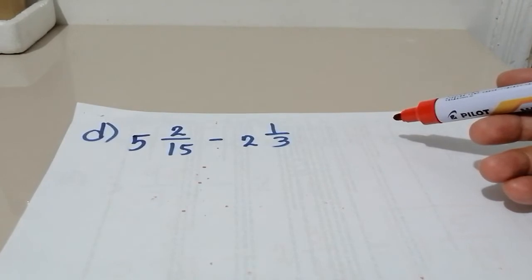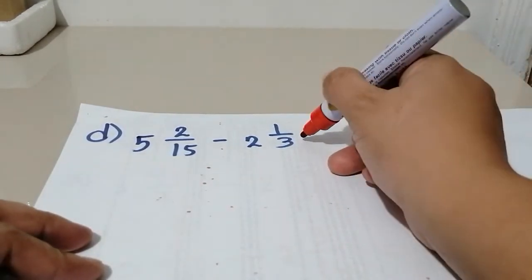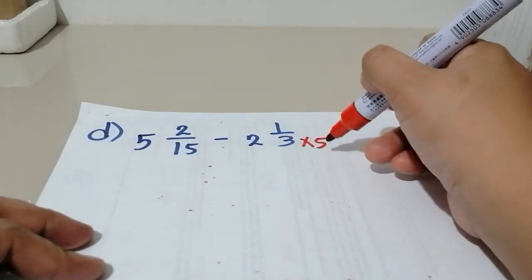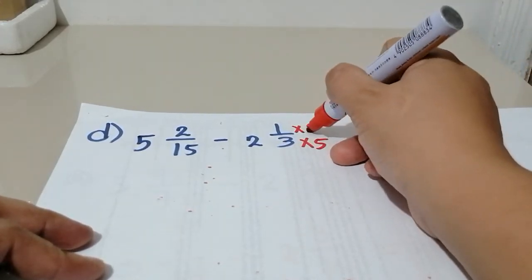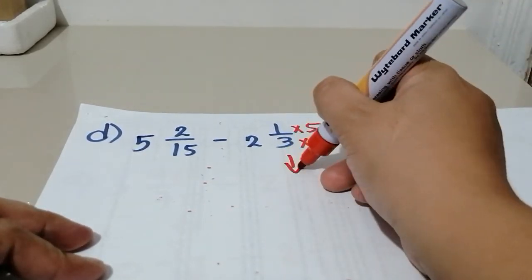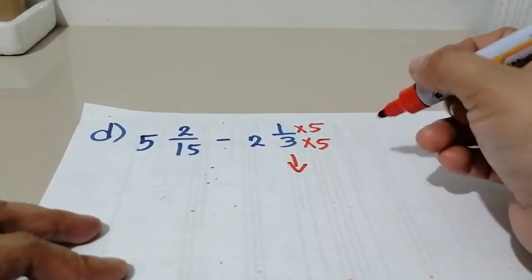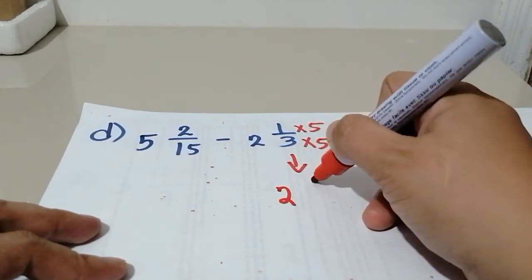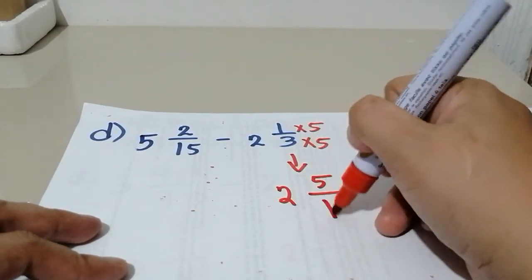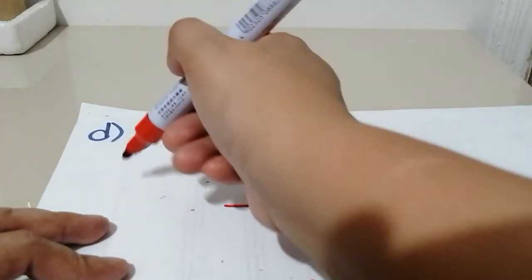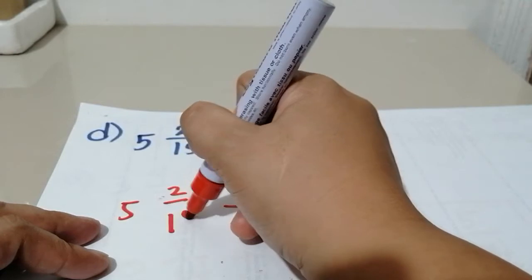And so, when we skip count, we are going to multiply this by 5. Okay? So, this 3 times 5. And here by 5 again. So, i-multiply natin yan. So, ang magiging new numerator and fraction natin will be 2 and 5 over 15.